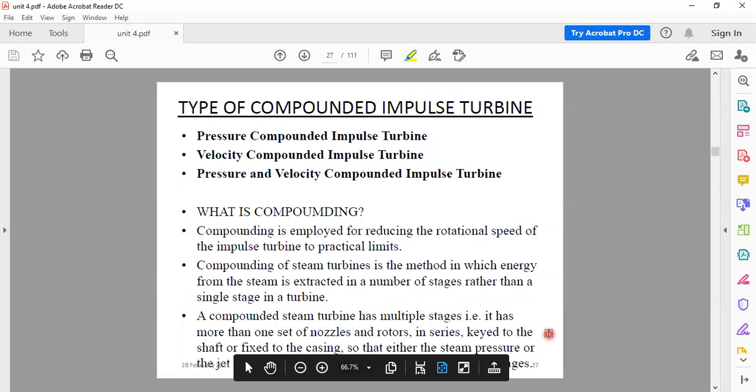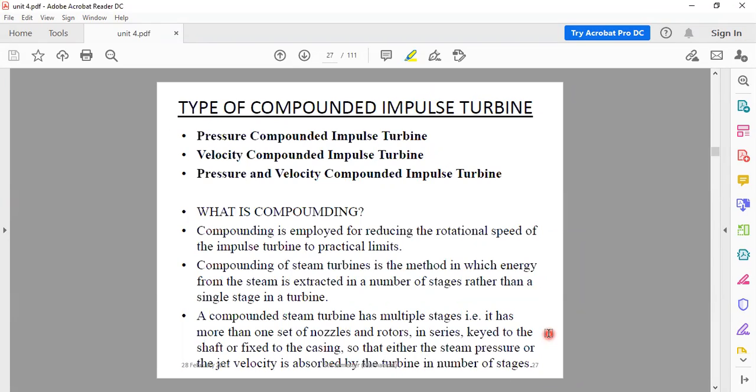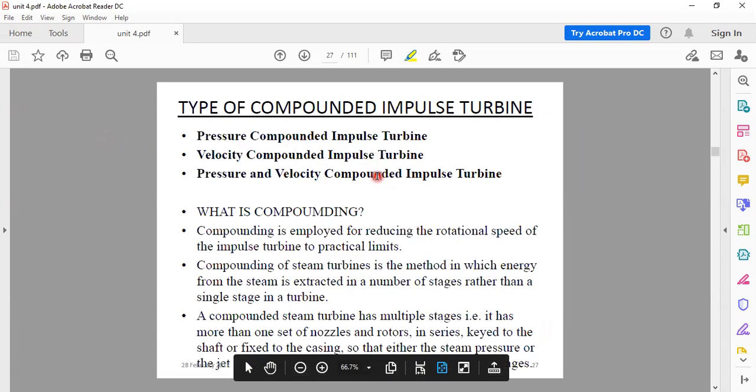So compounding is simply to control the speed of the turbine rotor. Types of compounding: pressure compounding, velocity compounding, and pressure and velocity compounding. All methods are used for controlling the speed of the rotor.